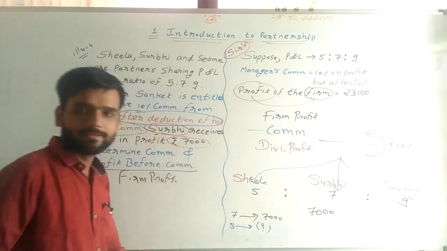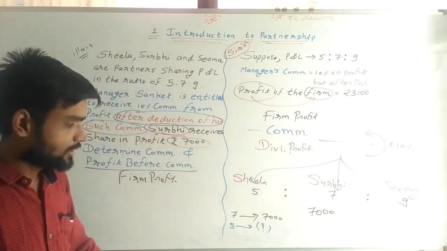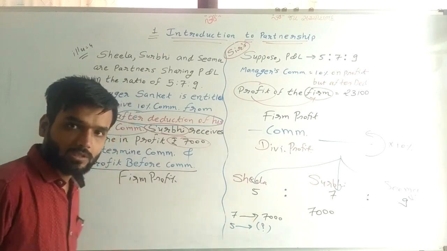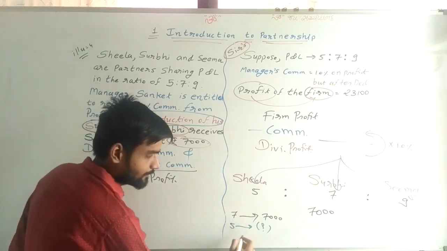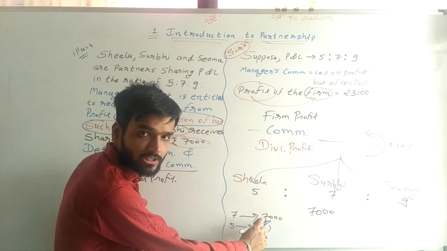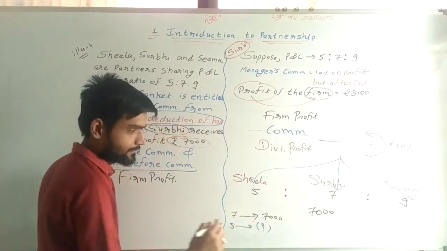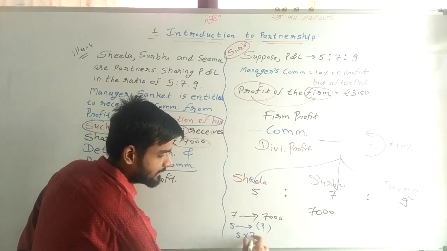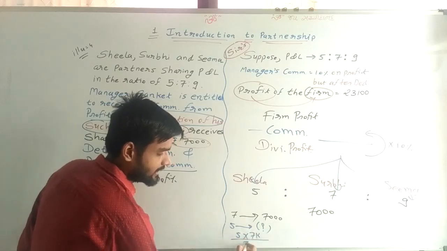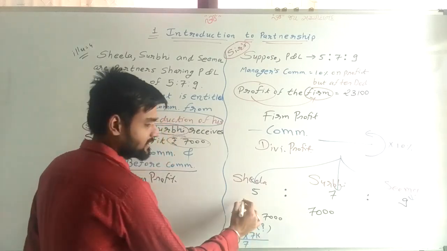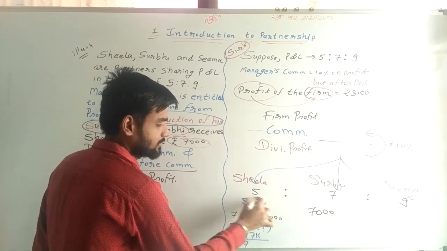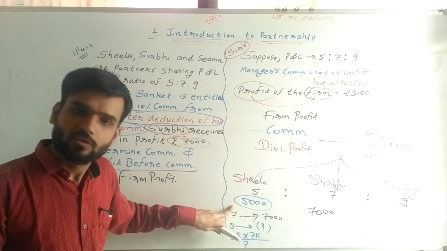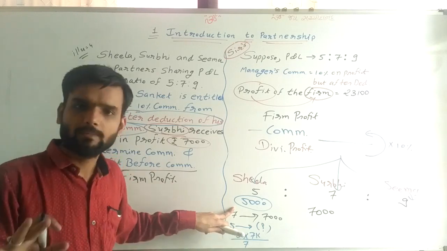We can find it directly. Solve this equation: 5 into 7,000 divided by 7. The answer is 5,000 rupees. Sir, the profit of Sheila is 5,000 rupees. Simple.